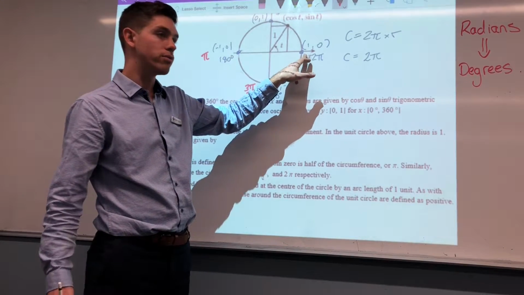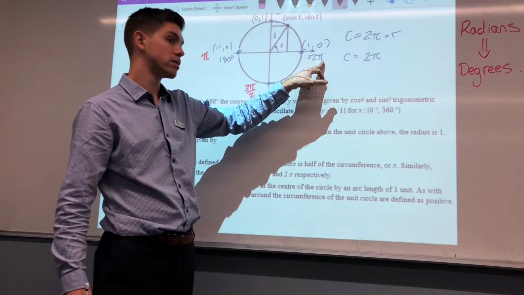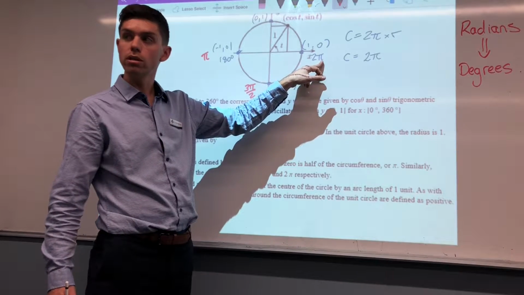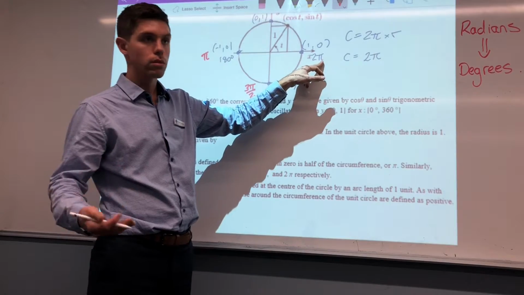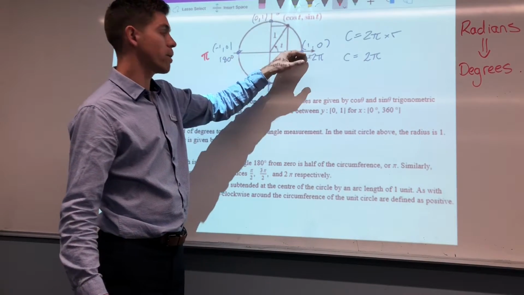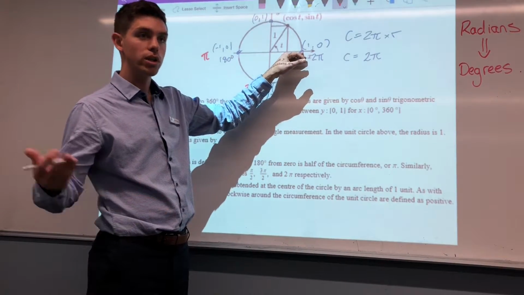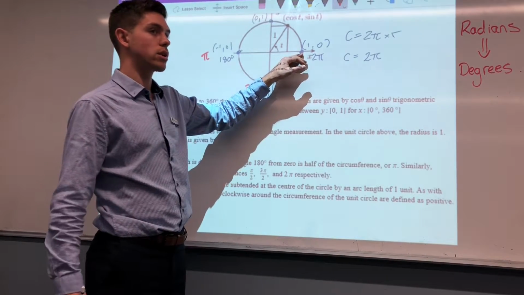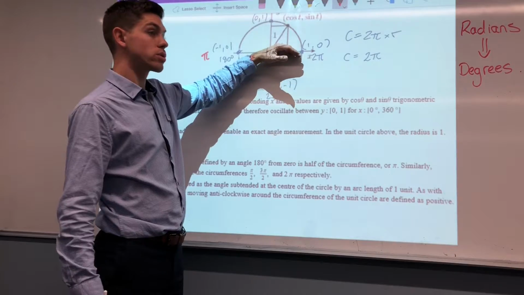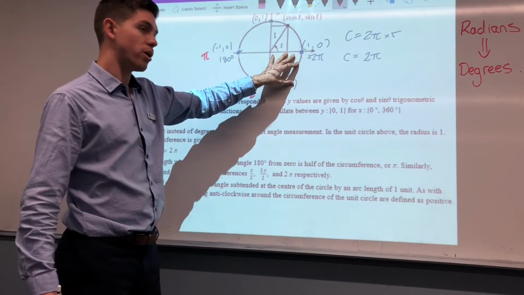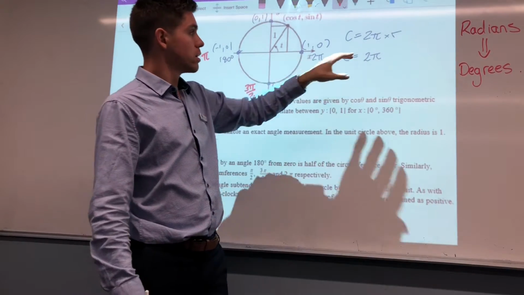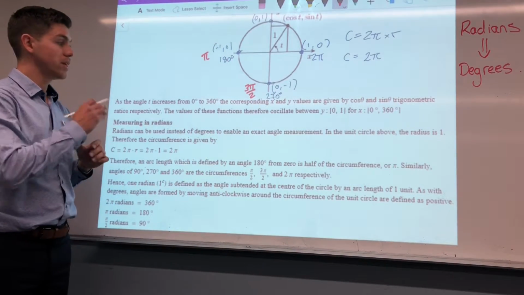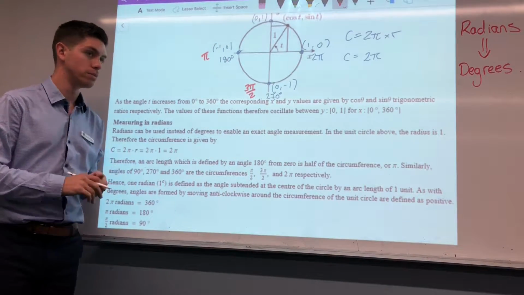Pi is 3.14, so what is 2 times that? 6.28. So from here all the way around one circle is 6.28 and on and on radians. Because circles have this relationship with pi, we can define this measuring system using radians, which gives us the exact angle.